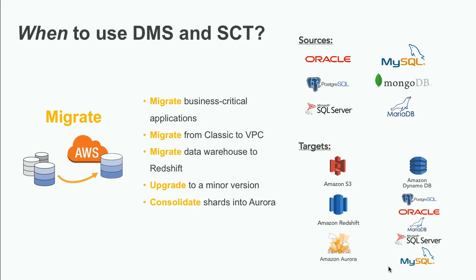9, because we added 3 just last week. What I didn't call out here is that we do more than SQL to SQL. For example, you can migrate a MongoDB, which is a NoSQL, to Aurora or MySQL or Postgres.